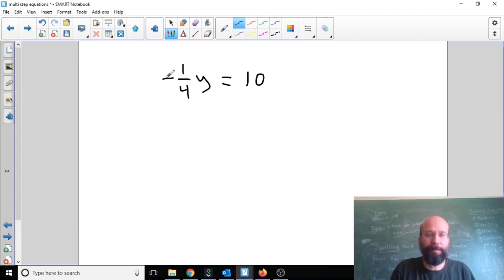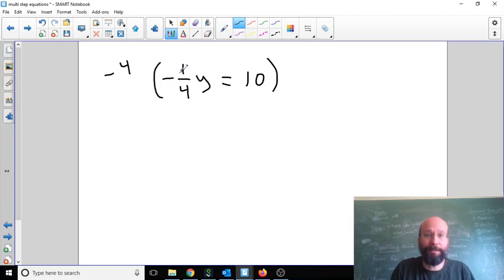Let's do a different problem. I'm going to set up this problem. Let's do this one. So again, negative 1/4 y equals 10. So we want to move this bottom number. Again, this bottom number we're going to say is this negative 4. So we get rid of the negative if we multiply both sides by negative 4.